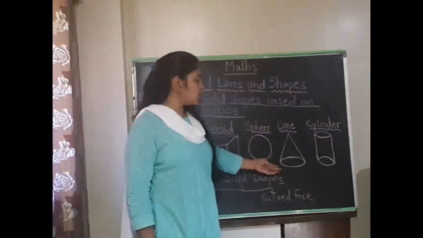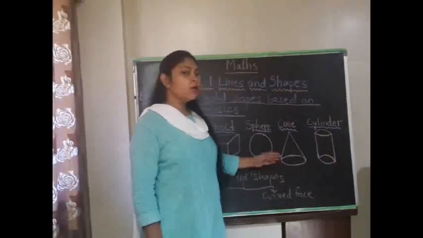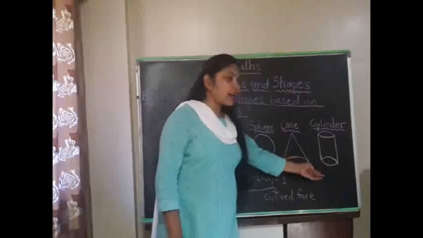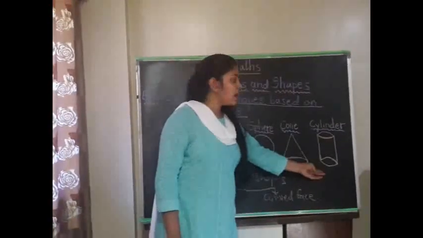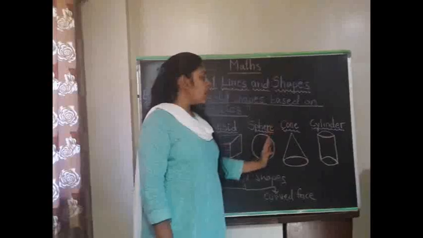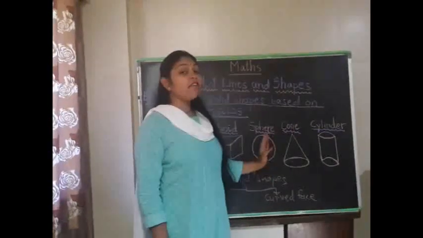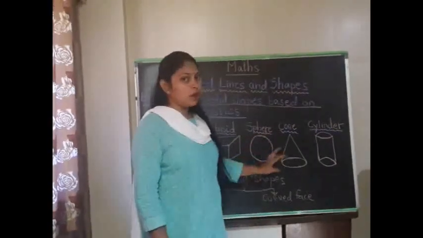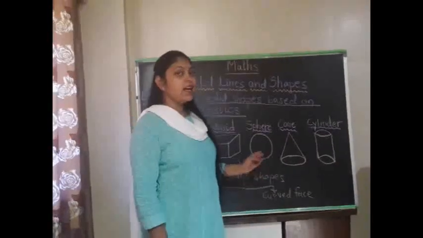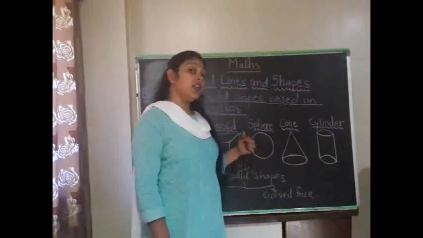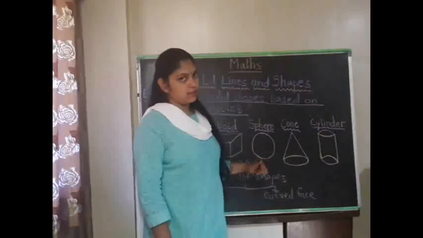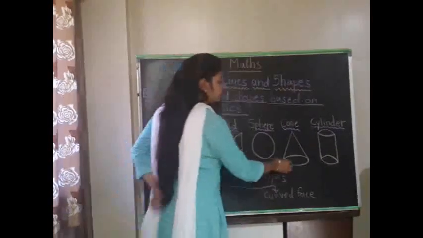Next 3D shape is a cone. Now, cone and our last solid shape, that is a cylinder. Both the shapes have both types of faces. That is, they have flat as well as curved faces. Let's see how.